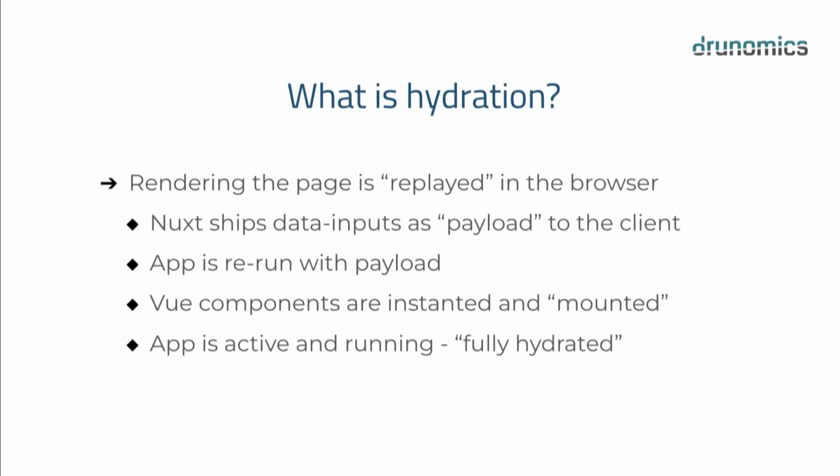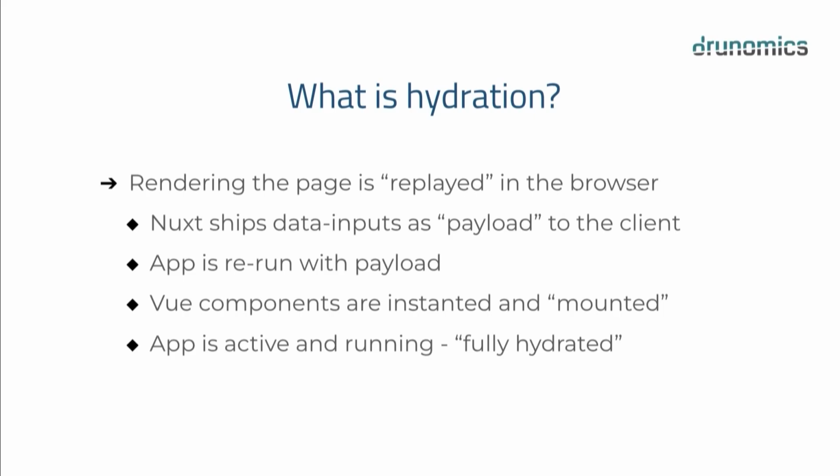So hydration, what is that? It's really the process that makes Nuxt resume in the browser. The way it works is that when Nuxt has rendered the page on the server, it also ships the data that it used to render the page to the client. So it records that payload, and that payload will just be transferred to the client as JSON.